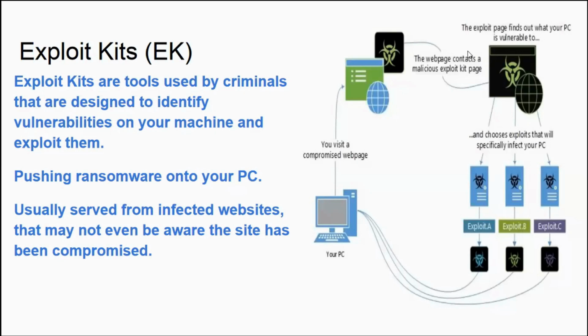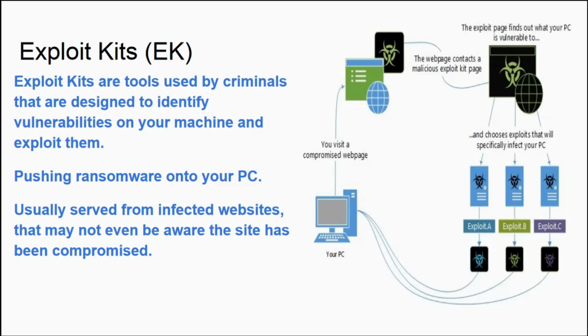Now I want to move on and discuss something called exploit kits. Exploit kits are tools used by criminals that are designed to identify vulnerabilities on your system and exploit them. The exploit kit identifies if any vulnerability exists on your particular PC, and then pushes the ransomware onto your PC.